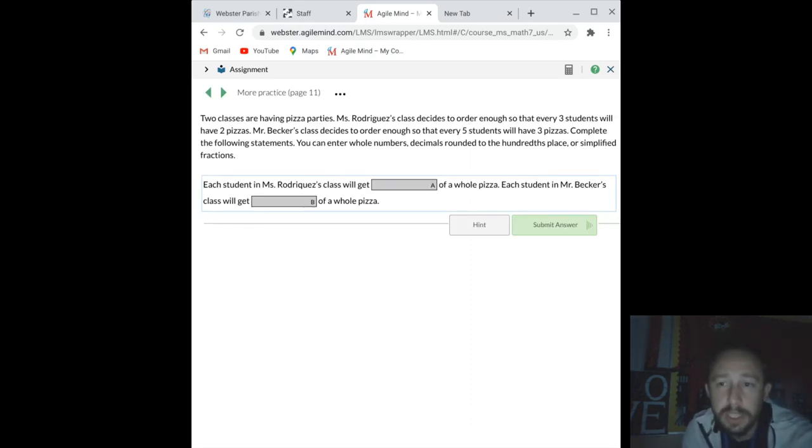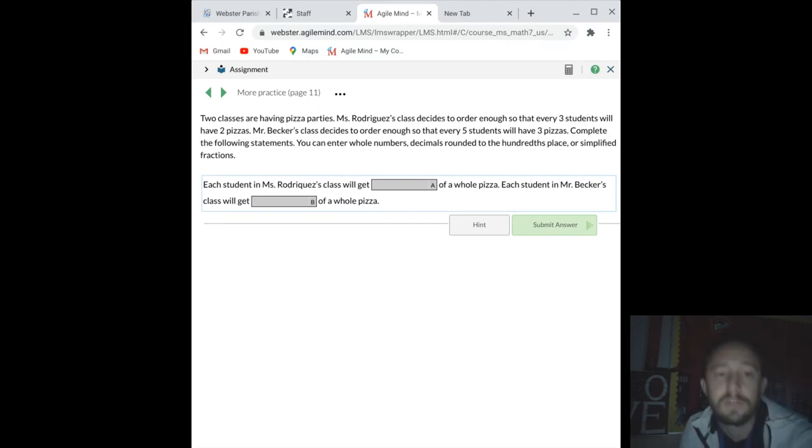Number 11. In order to get this, we know that Miss Rodriguez wants every 3 students to have 2 pizzas, and Mr. Becker wants every 5 students to have 3 pizzas. So what do we have to do to determine this answer? How do we find the unit rate?